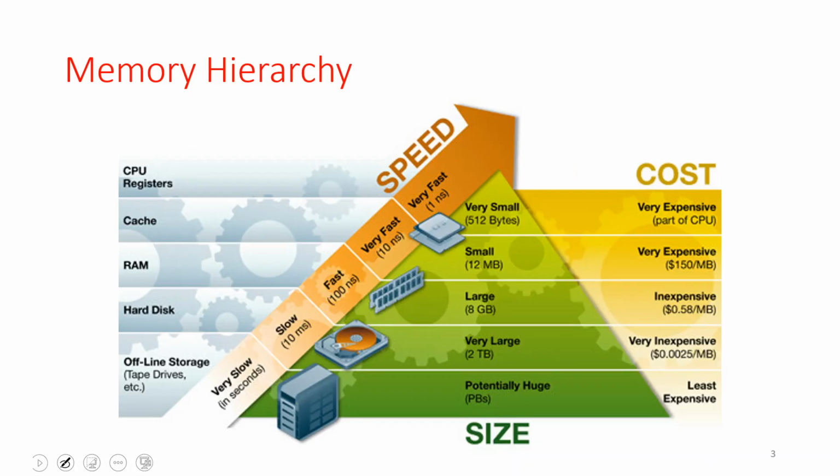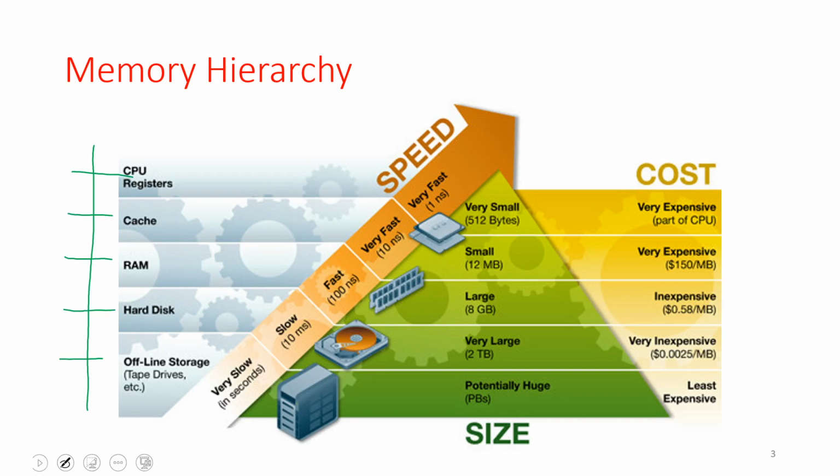In this diagram, we see a number of different types of memories identified here, starting from CPU registers all the way to external storages such as tape drives. So we have CPU registers, cache memories, RAMs, hard disks, and other offline storage mechanisms.